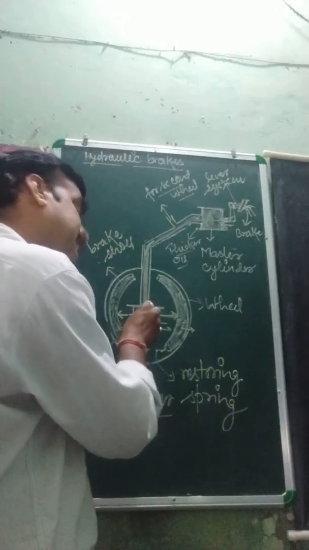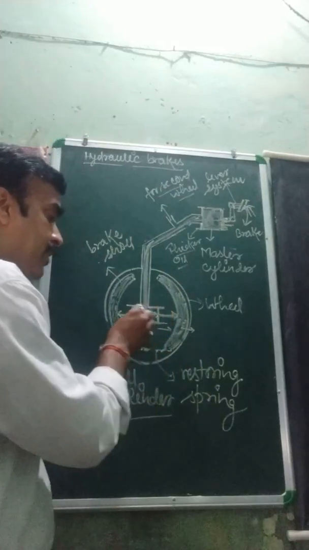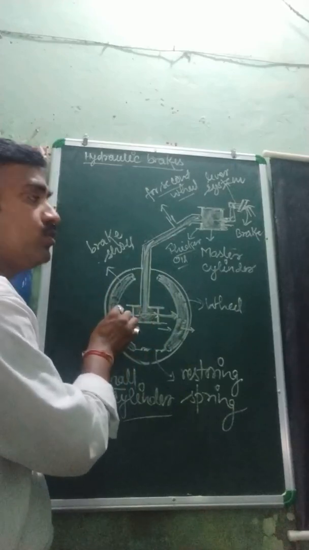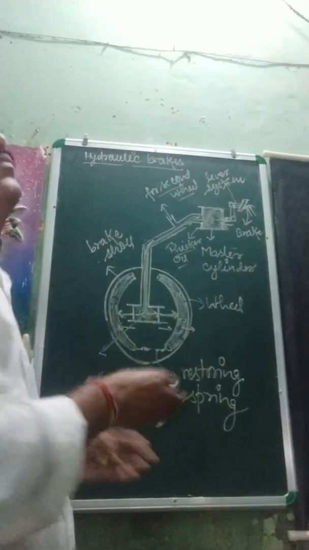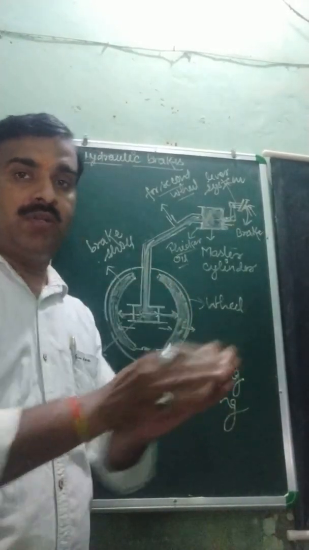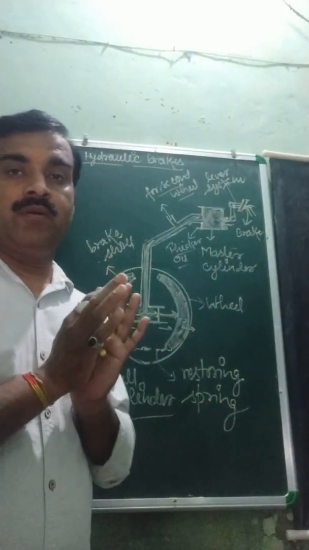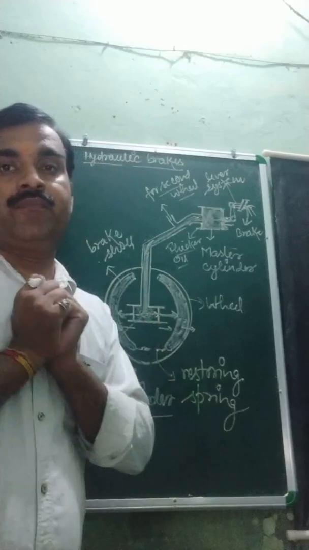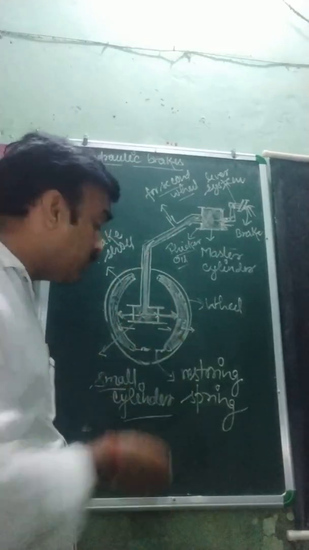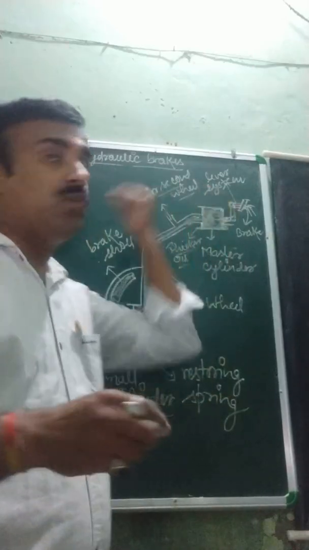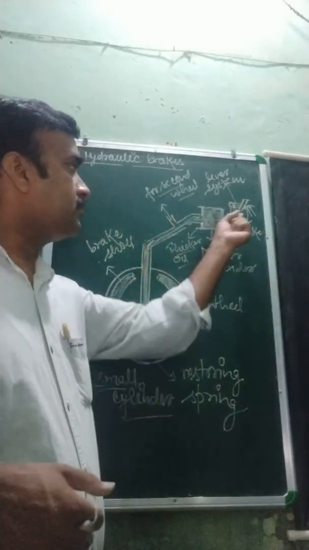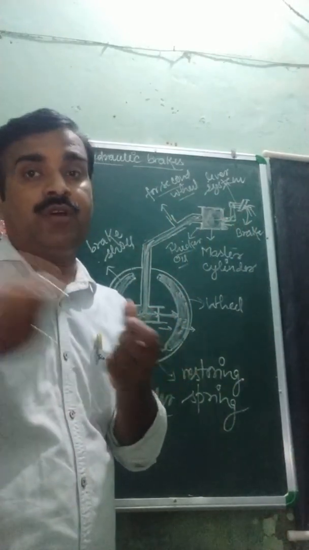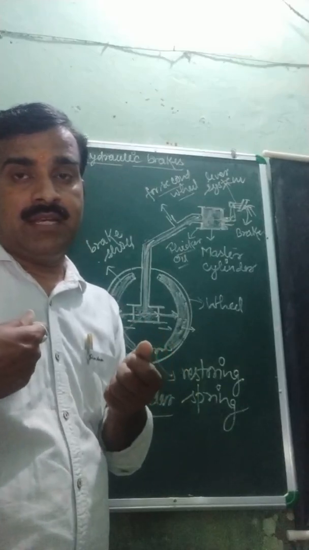The thicker oil from the master cylinder will apply the pressure onto the piston, the piston will apply the pressure onto the brake shoes, and the brake shoes will apply the pressure onto the wheel, and immediately once the pressure is applied onto the wheels by the use of brake shoes, the vehicle will stop. Okay, and if you want to regain the original position, what we do is release the brake, remove your leg from the brake pedal.